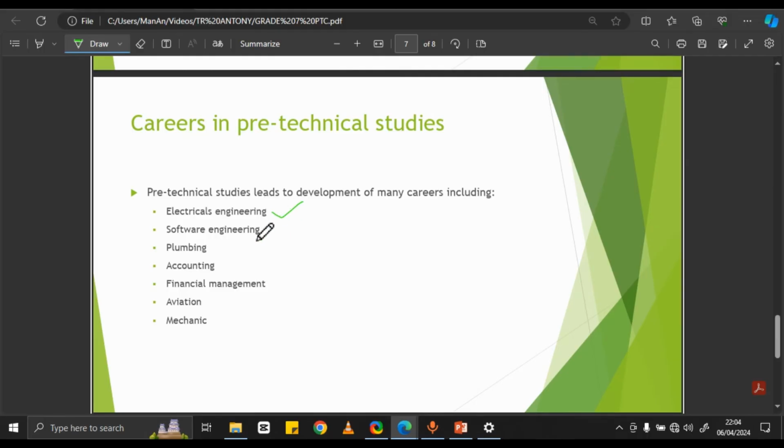That is electrical engineering. Software engineering, where now you make apps, or you make web applications. A web application is something like a website for your school, or a website like google.com. So that is software engineering.